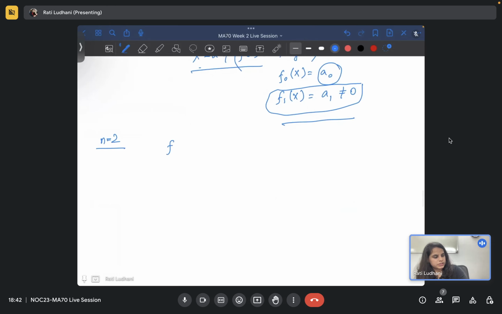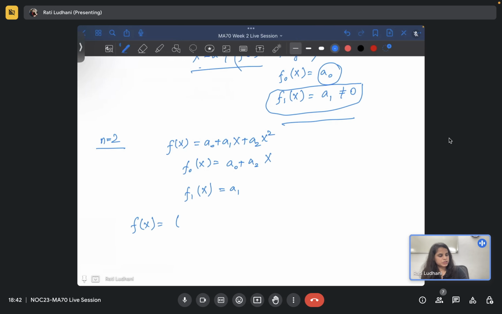So let's see this n equals 2 case. f(x) is equal to a0 + a1x + a2x², okay? Then f0 of x will be a0 + a2x, and f1 of x will be a1, right? Now how will you write f(x)?